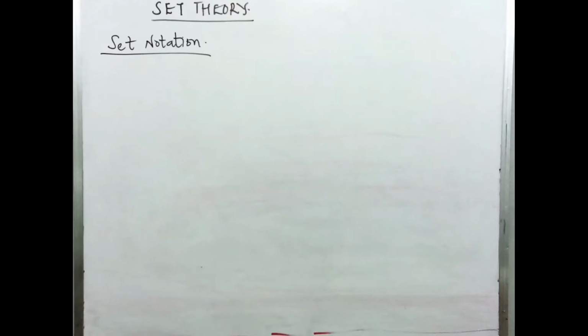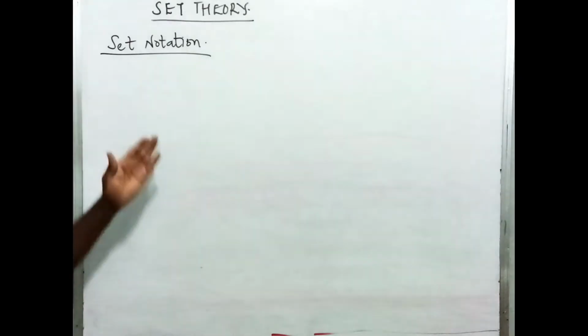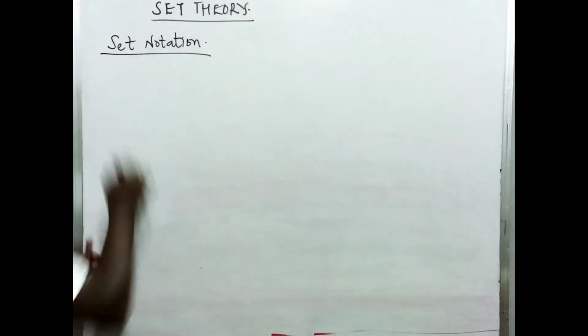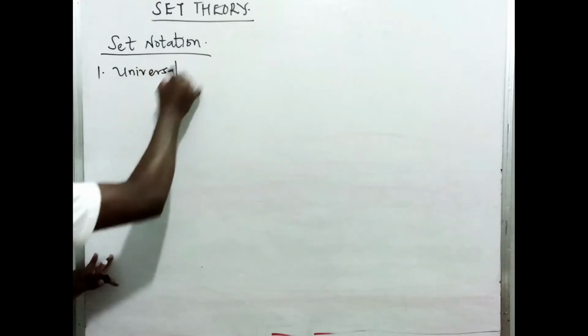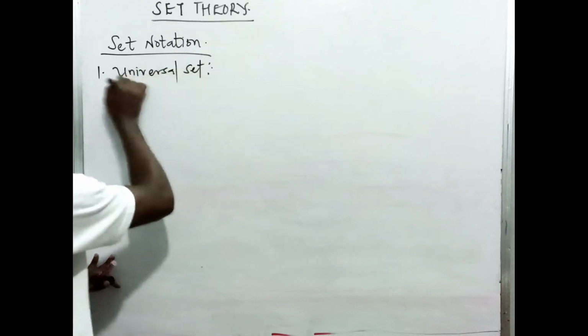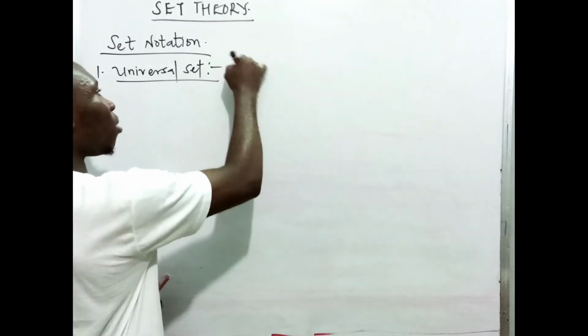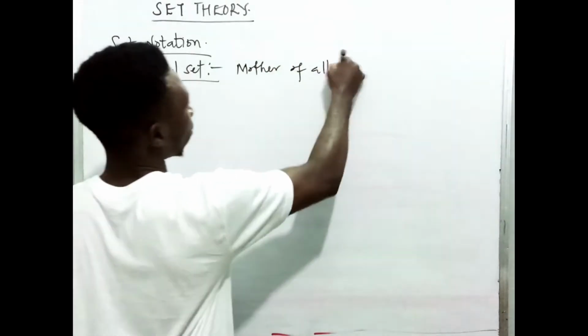Now, talking about set notation. A set notation is terminologies used in set. For example, I said something like your universal set. Your universal set is known as the mother of all sets.